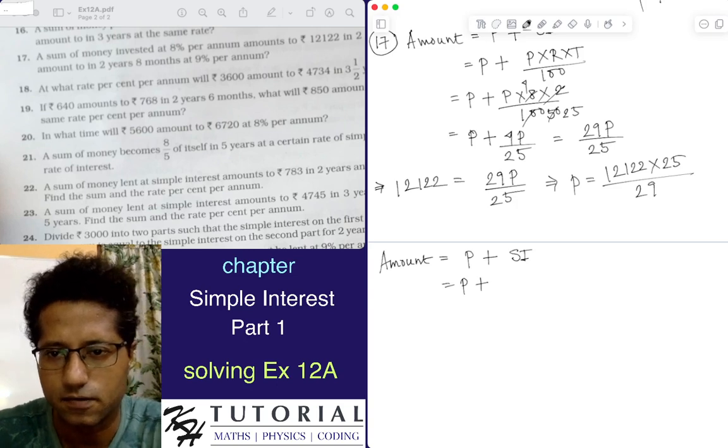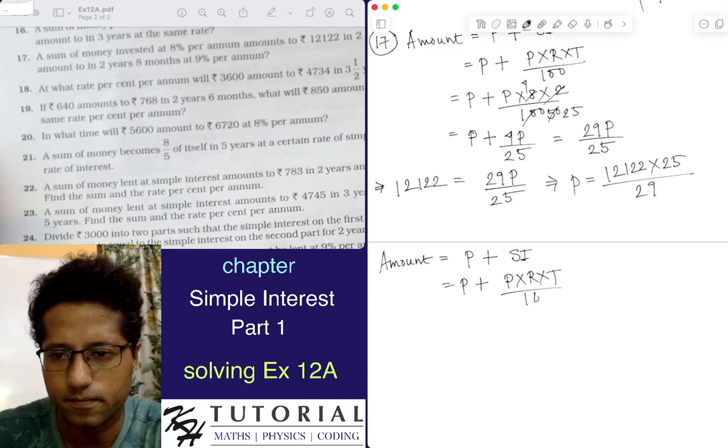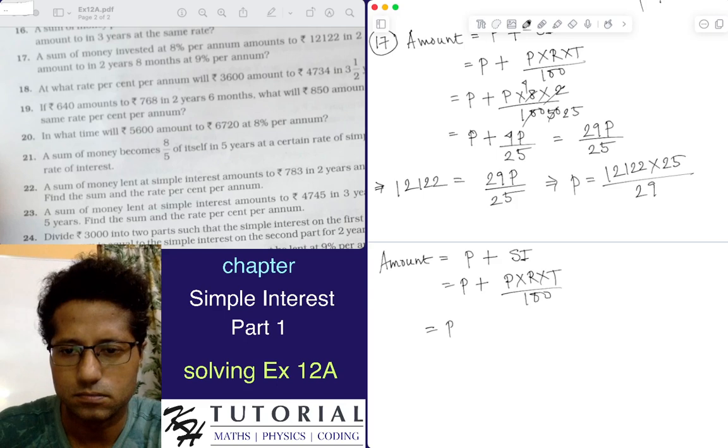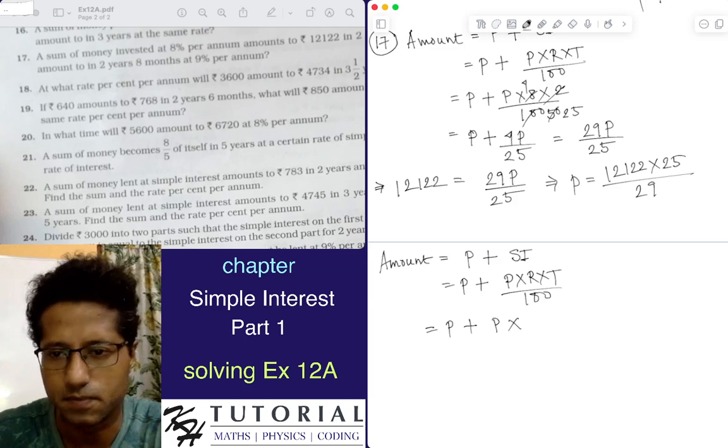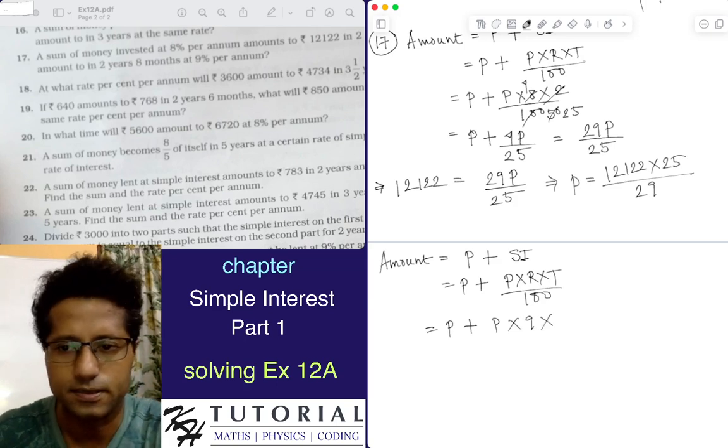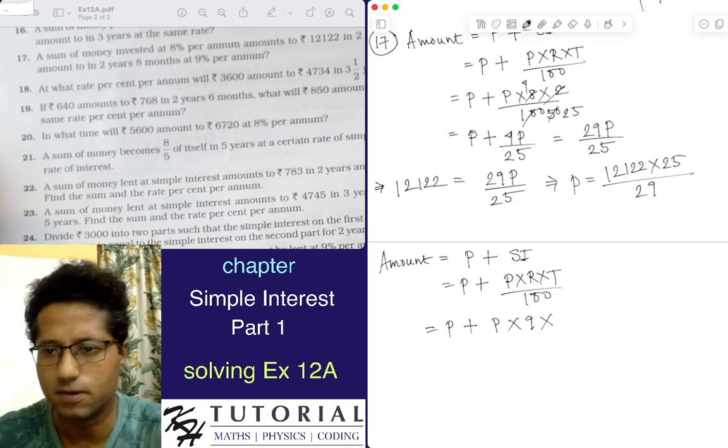To calculate SI, we have P into R into T by 100. R in the second case is given to be 9% per annum, so 9, and T is given to be 2 years 8 months.